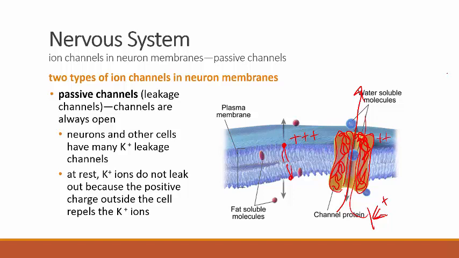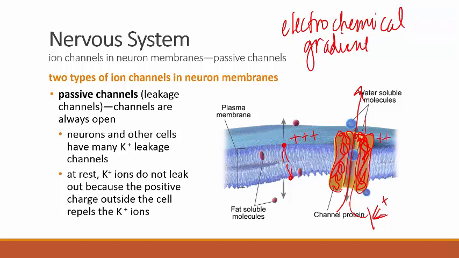And then it's also going to have a component of what the electrical gradient is like. And so we talk about that combined gradient as an electrochemical gradient that determines how things move through these kinds of leakage channels.